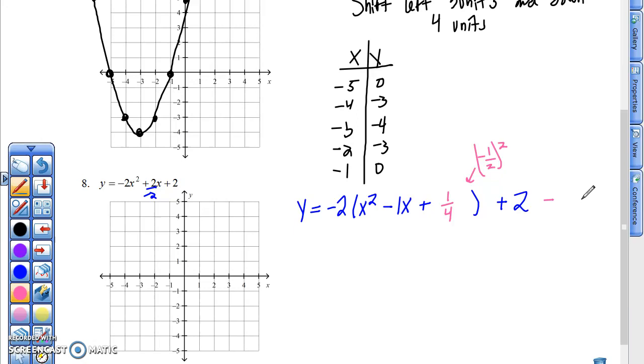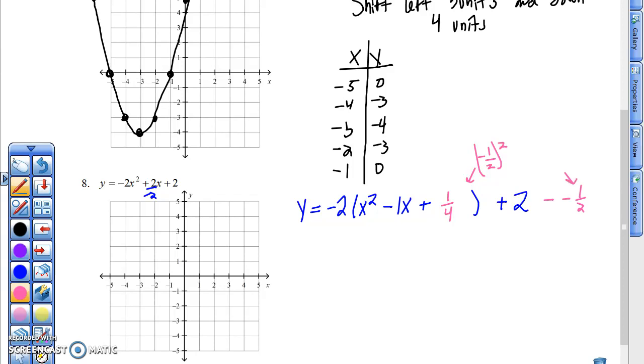However, because I added 1/4 into something that was multiplied by negative 2, I'm going to have to do 1/4 times negative 2. And if I subtract, that would be a negative 1/2.